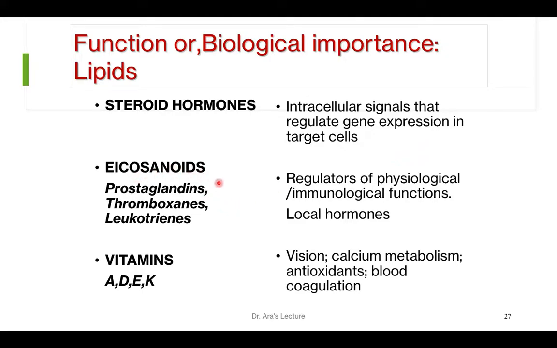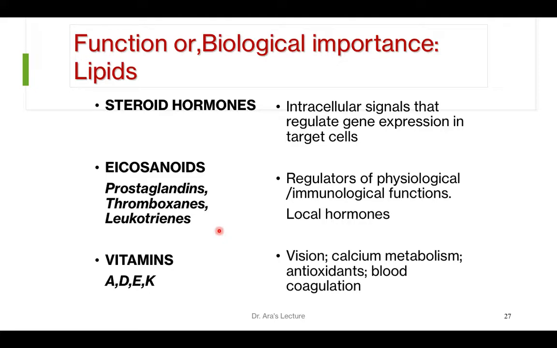Eicosanoids: regulators of physiological and immunological functions and local hormones. So eicosanoids include prostaglandins, thromboxanes, leukotrienes, etc. And as we know, we have two types of vitamins, water soluble and fat soluble.